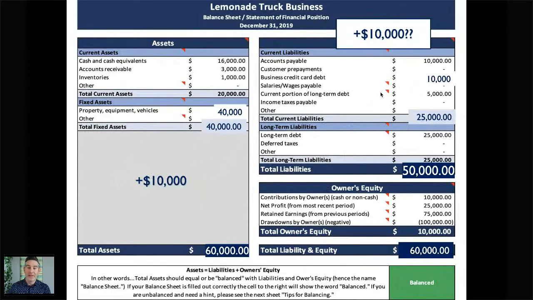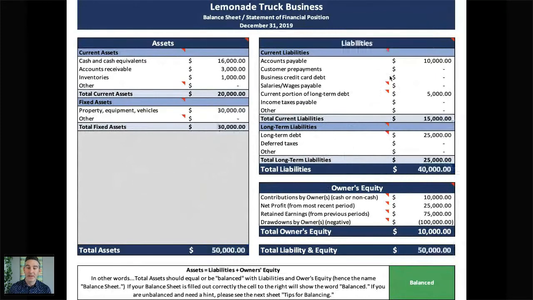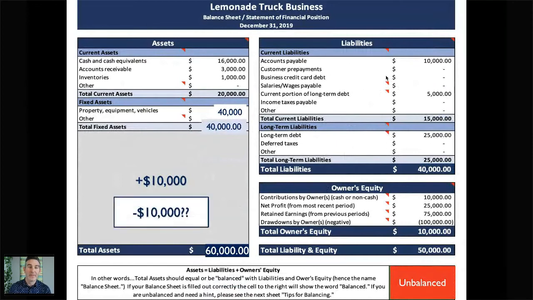Another possibility, so let's go through this again. You've added $10,000 to one side, and now you're out of balance. The other possibility is that you can deduct that $10,000 from the same side. In this example, let's say you purchased that $10,000 piece of equipment with your own cash, out of your bank account.